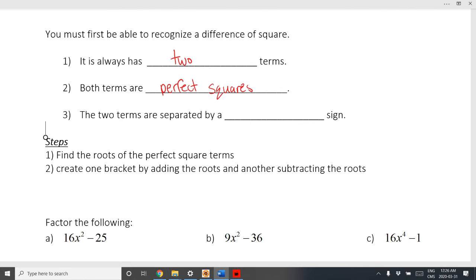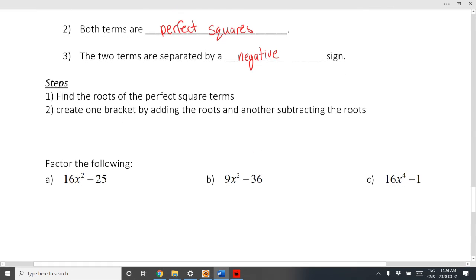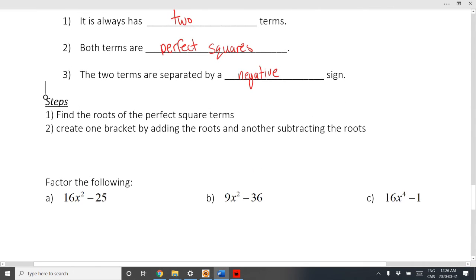And the two terms are separated by a negative sign. So we have some examples of perfect squares here below. And I just wrote the steps here for you to follow. So find the roots of the perfect square terms, and then we're going to create one bracket by adding the roots and another by subtracting them.